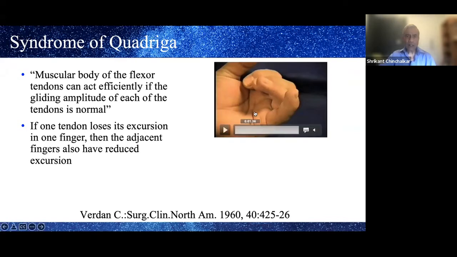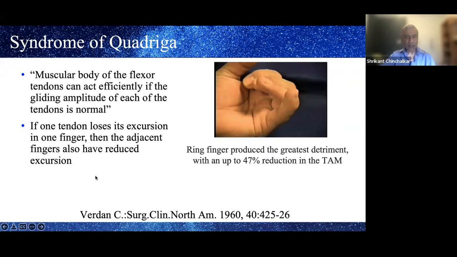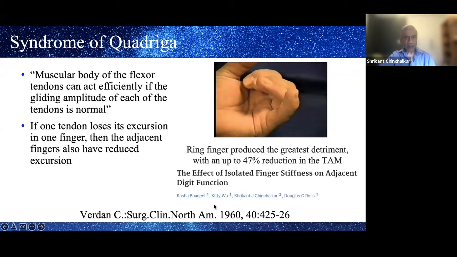Having read this article and identified the symptom that we came across, we found that the ring finger produces the greatest detriment, with up to a 47% reduction in total active range of motion. This is one of our papers, the effect of isolated finger stiffness on adjacent fingers. We identified that the ring finger is the most notorious one to produce a severe quadriga effect.